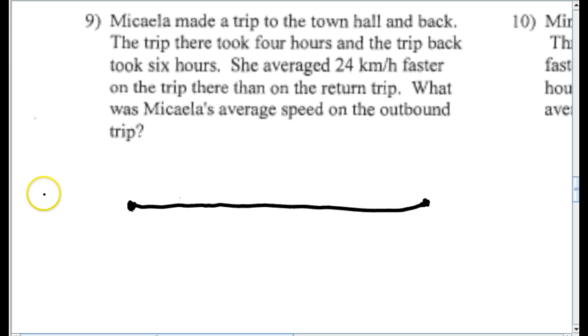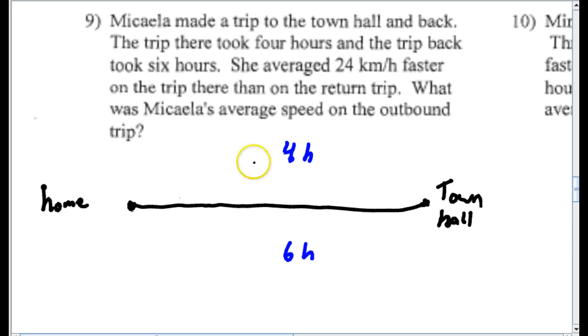Okay, so say home, down home. Trip there, 4 hours. Trip back, 6 hours. Going there, and coming back.